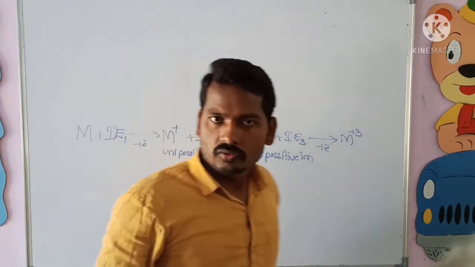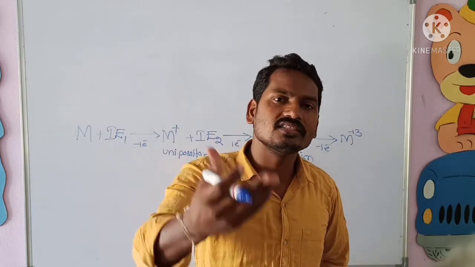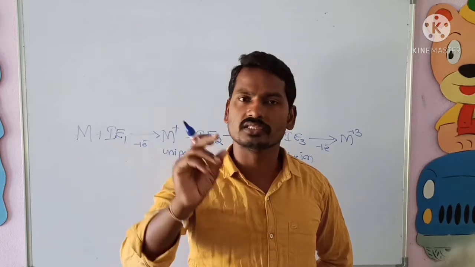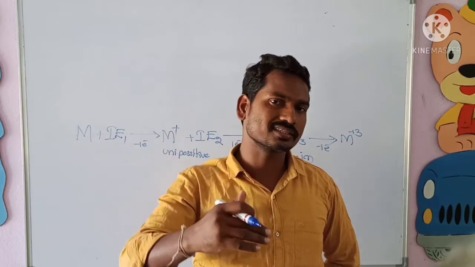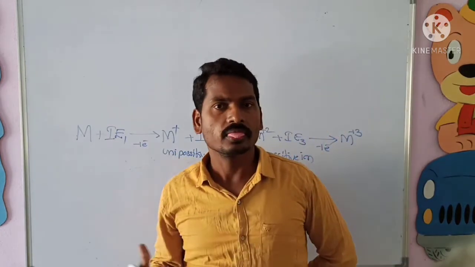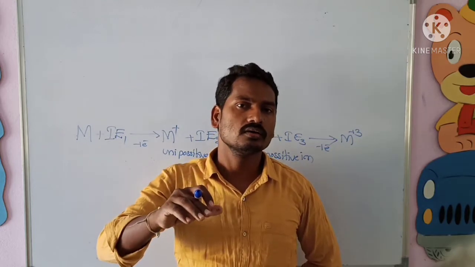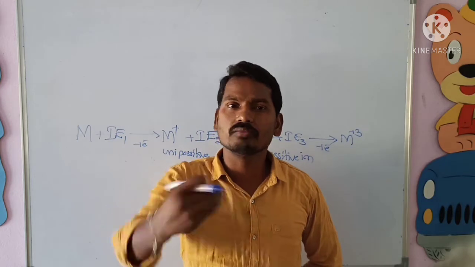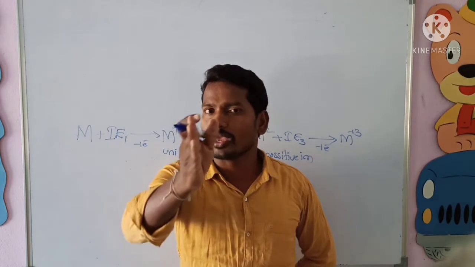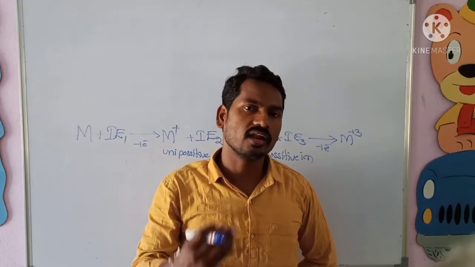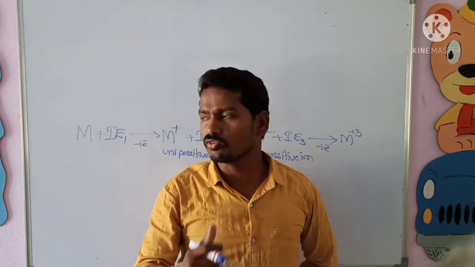Like this, for an atom, the energy applied to remove the first electron is the first ionization energy, IE1, then the second electron IE2, third electron IE3, fourth electron IE4. The total number of ionization energies is equal to the number of electrons removed from the valence shell. But among these different ionization energies of an atom, which is higher and which is lower will be discussed here.